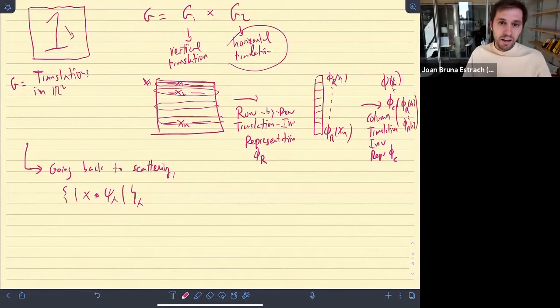So I'm assuming that there's a group member that can be different at every row. And so I'm disregarding the fact that in practice, when I look at my images and I have a translation, the horizontal component of the translation is going to be the same at every row, by definition, right? There's no different horizontal component. So there's something that needs to be joining these things together, right?